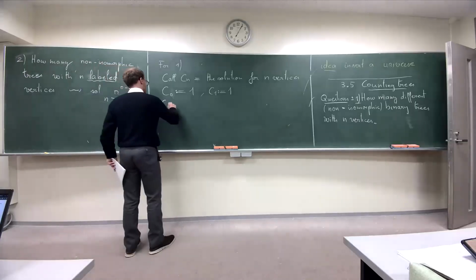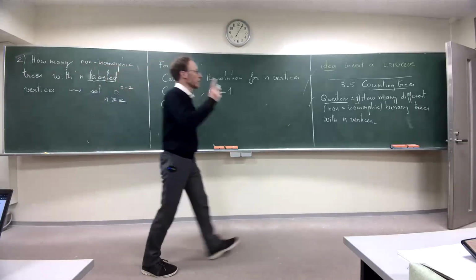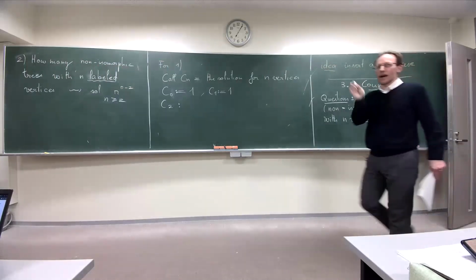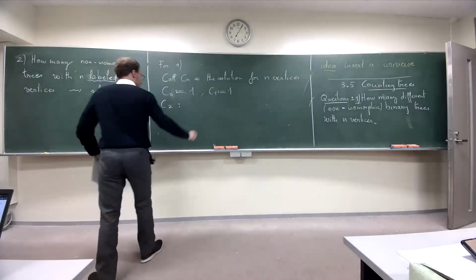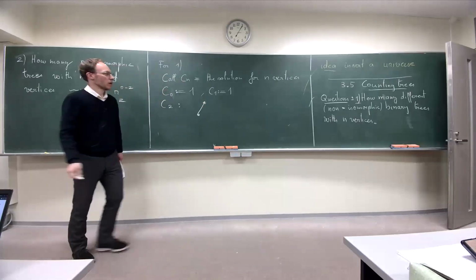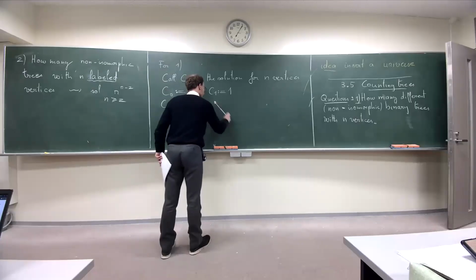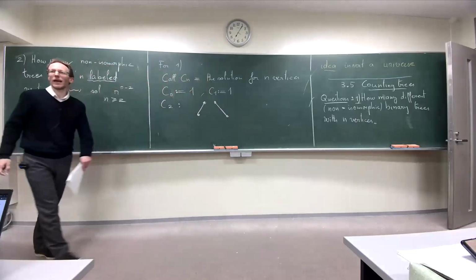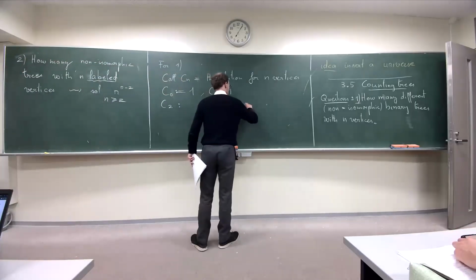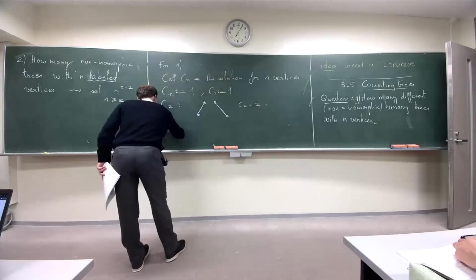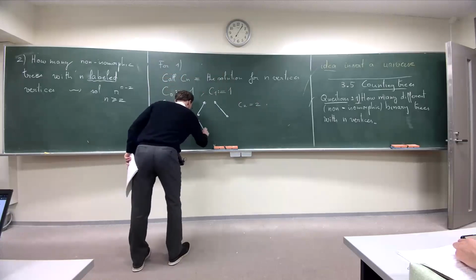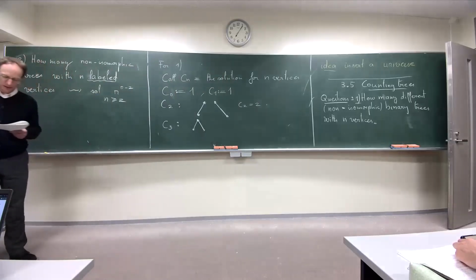Now, what about C2? We are looking at binary trees, which means children are ordered. They are either left child or right child. So for two vertices, we have this or this one. They are not the same, because here you have a left child, the other one you have a right child. So C2 is 2. Now C3. Things are more interesting. One easy one is this one: one left child, one right child.